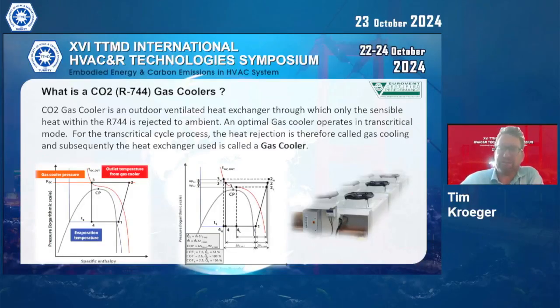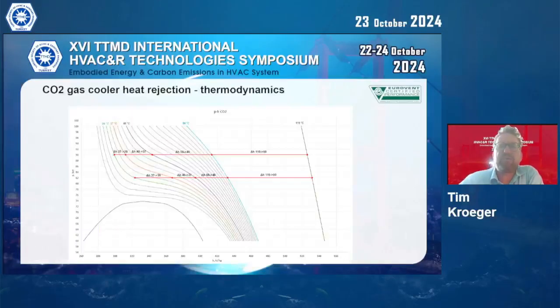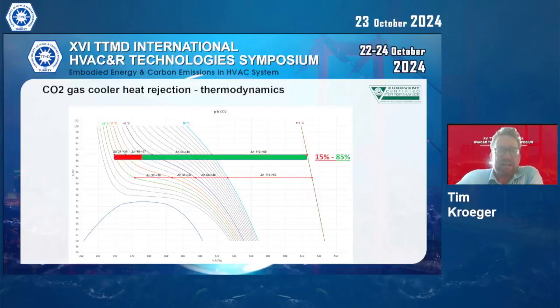This is a completely different subject. What we would like to do is analyze the thermodynamics during the heat rejection. The first example is heat rejection at 90 bar gas cooler pressure, which corresponds to the SC20 standard conditions.